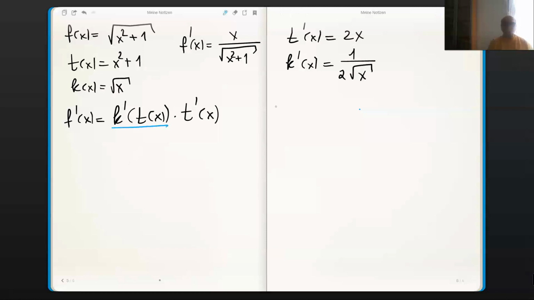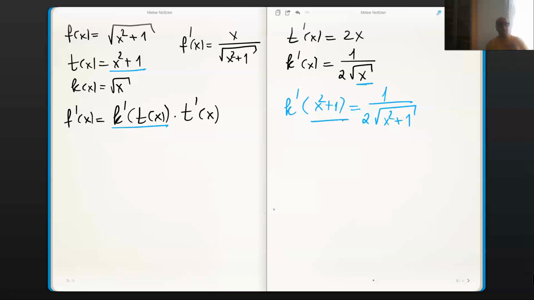So what I need to do now, I take k prime of x, and instead of putting x inside, I'm putting t of x. What is t of x? It's x squared plus 1. So this is what I need. And I get 1 divided over 2 square root of x squared plus 1, because instead of x, I'm putting x squared plus 1. You got it? Perfect.